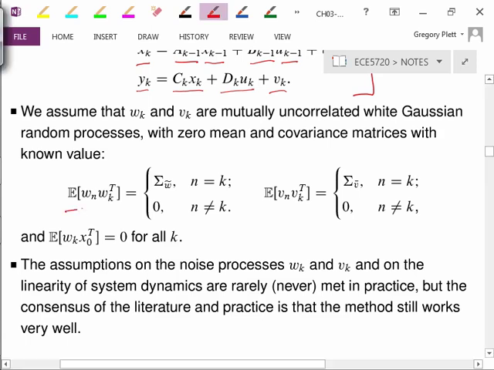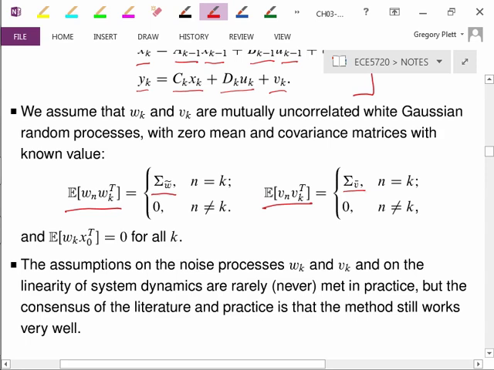So what that means is the expected value of the process noise at time n times process noise at time k transpose is going to be equal to a constant matrix sigma w when n equals k, and it's 0 when n is not equal to k because of the whiteness criteria. Similarly, for sensor noise, the expected value of v at time n times v at time k transpose is going to be sigma v when n equals k, and it's 0 otherwise.